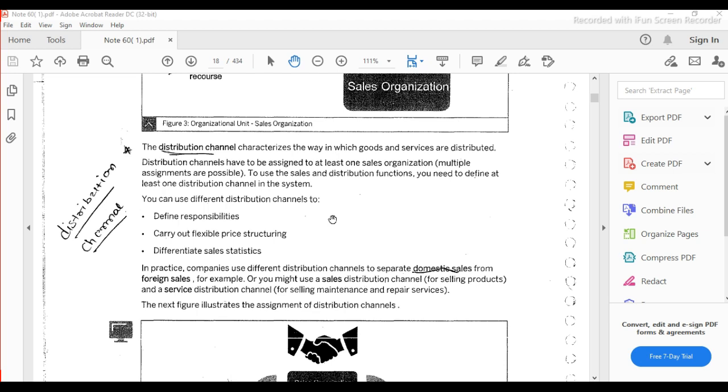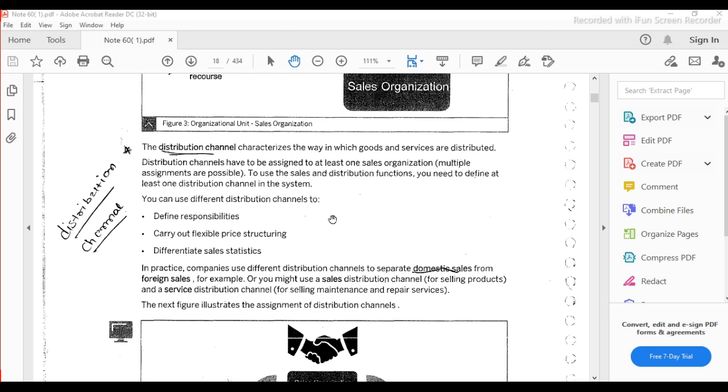Based on the distribution channel, you can differentiate the sales statistics, like how much sales revenue we are generating from online sales, through retail sales, through wholesale sales. For retail we have a different price, for wholesale we can have a different price, and for online sales we can have a different price. That is how we carry out a flexible price structure. You can even define the responsibility of a person based on the distribution channel.